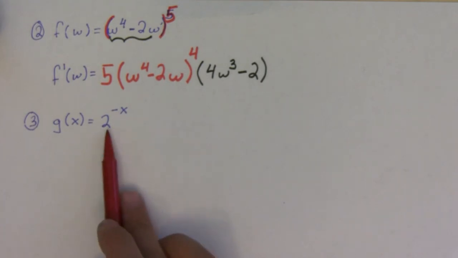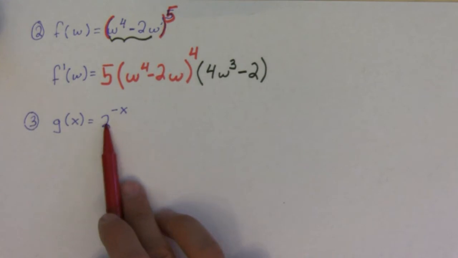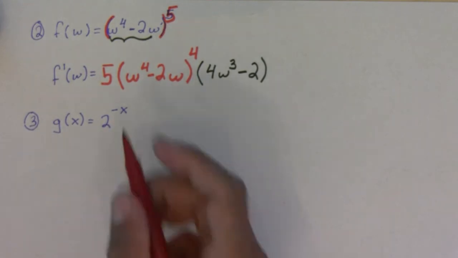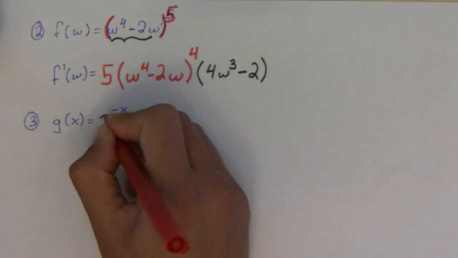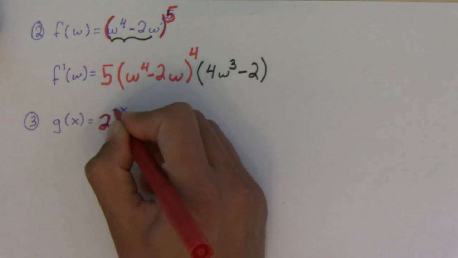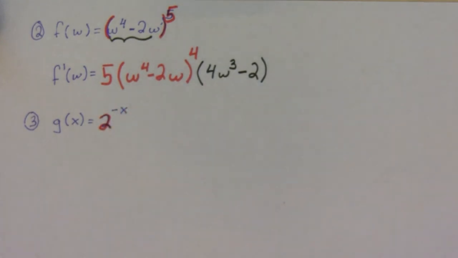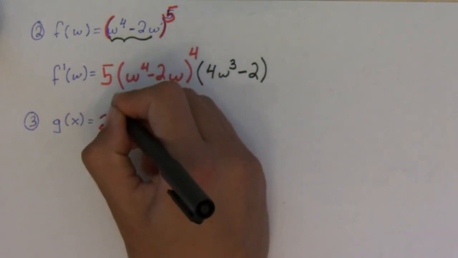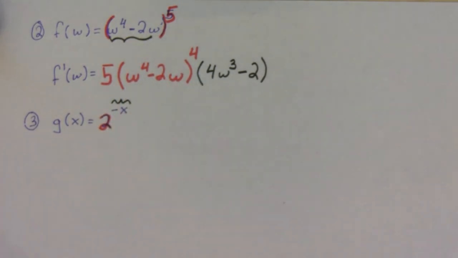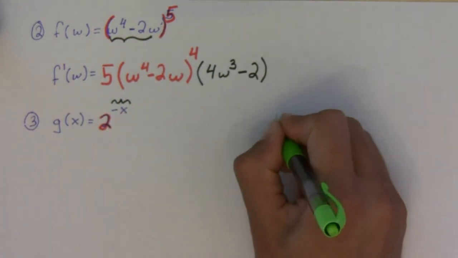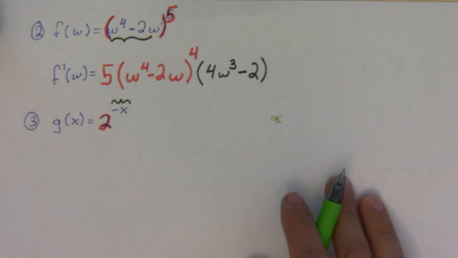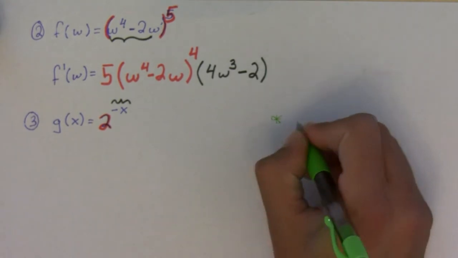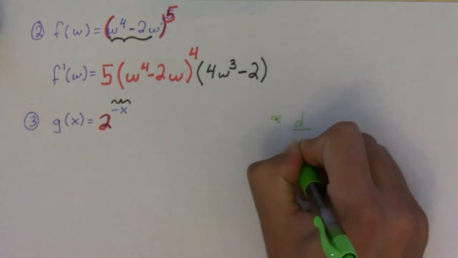And so notice that the negative x is inside of the exponential function. So the outside function is the 2 being raised to the power, and in this case the inside is negative x. Okay, now let's go back and remember just real quick to make sure that we know how to get the derivative of this one.